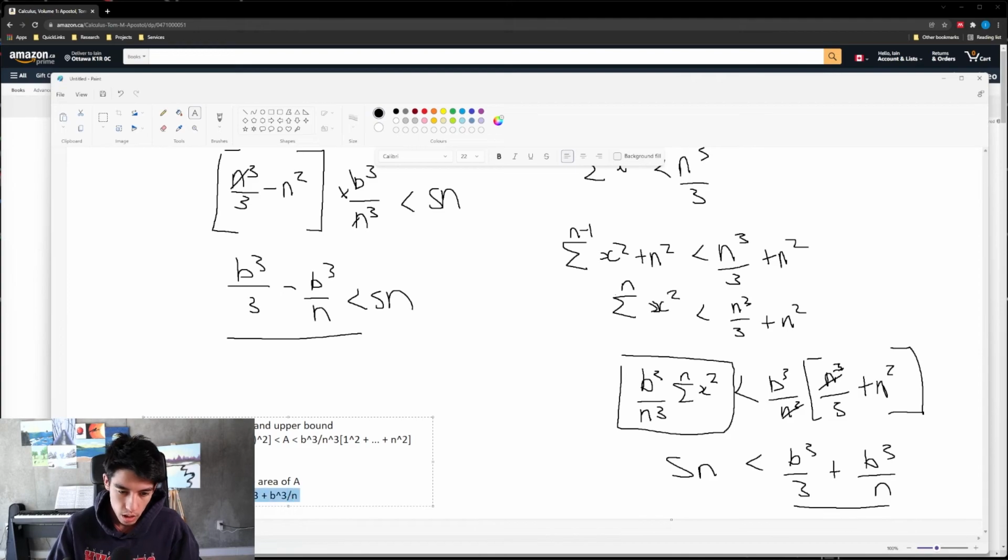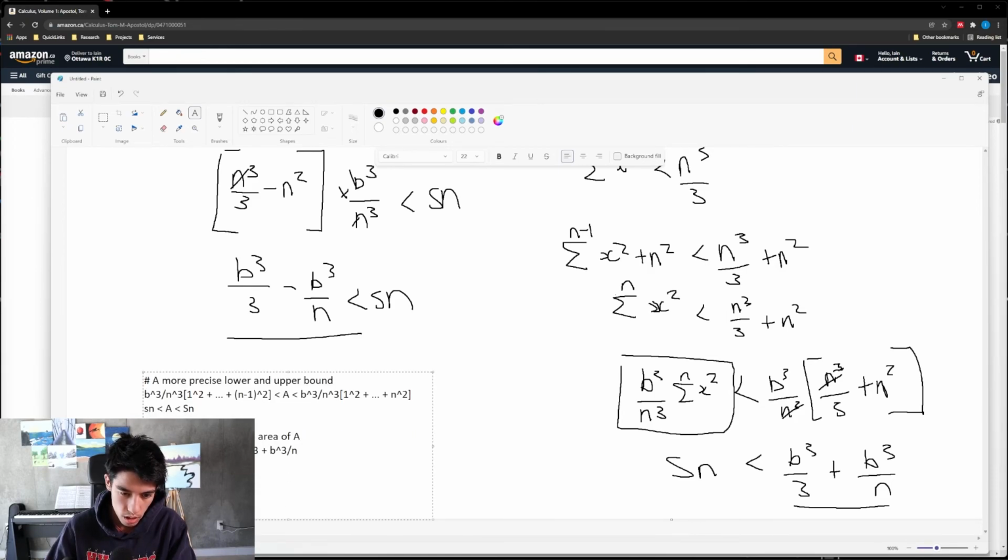So we have this expanded definition, and we know that a possible value of a is b cubed over 3, meaning something that looks like this.